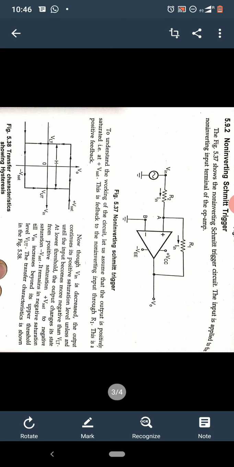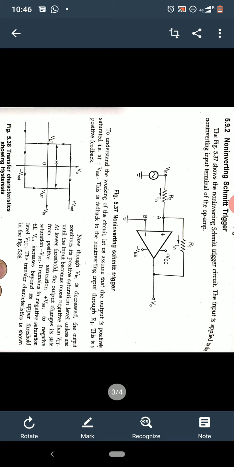In this circuit you can observe the positive terminal is given an input supply and the negative terminal is grounded. And to have positive feedback, the positive terminal is given a feedback voltage from the output to the point A through resistor R1.